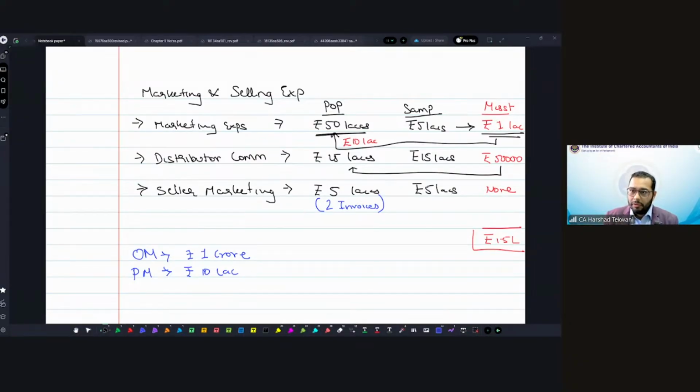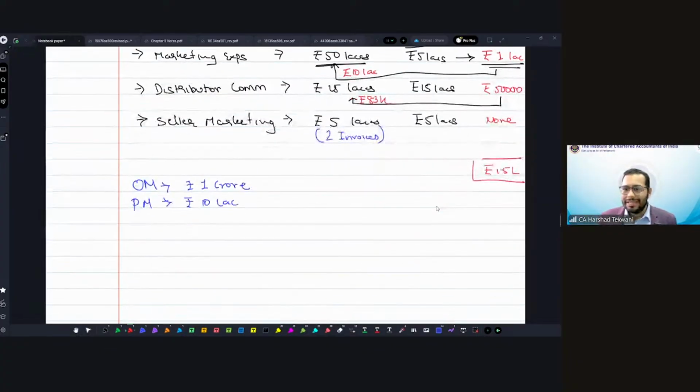It comes to about 83,333, approximately 83,000. And here it is none. So the total of my misstatement comes to 10 lakh 83,000.